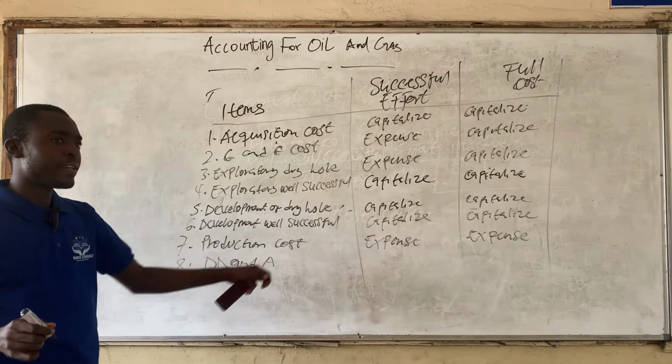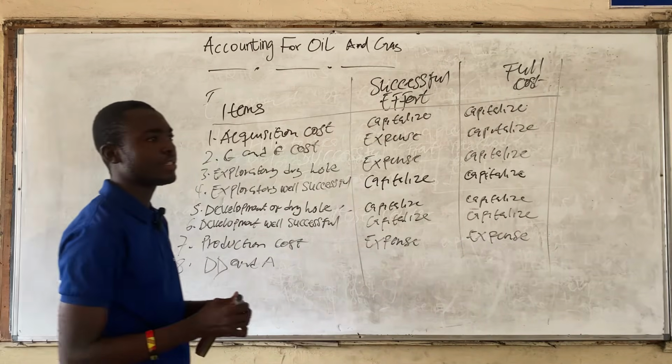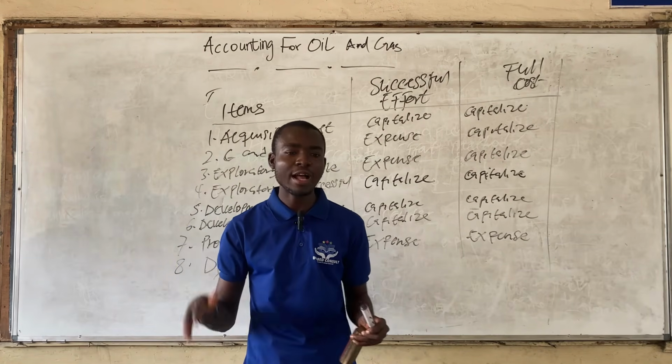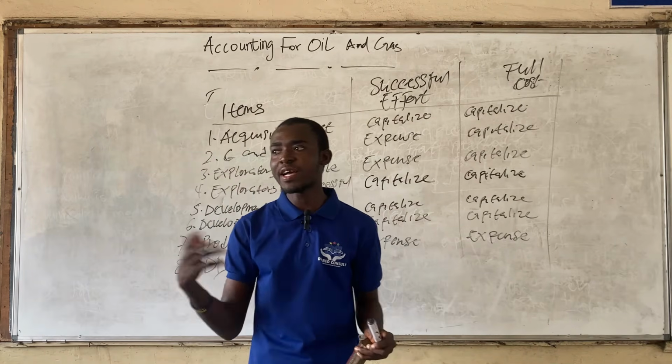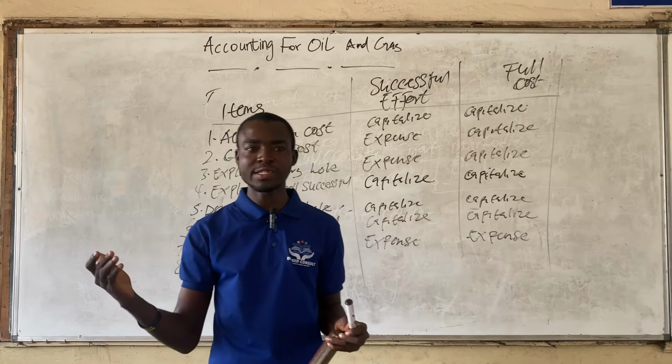DD&A means depreciation, depletion, and then amortization. This is similar to what we know under our normal accounting. Depreciation is the reduction in the value of assets. Amortization is the reduction in the value of intangible assets.